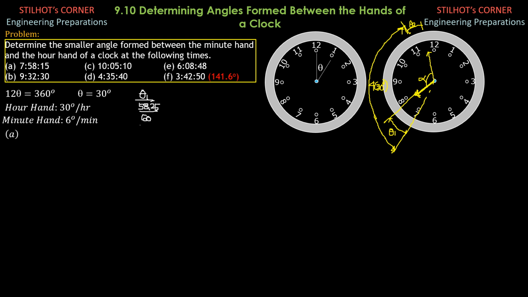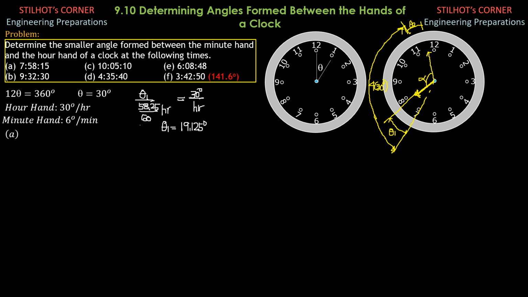So we divide by 60, that is now in hours, and for the hour hand, it is 30 degrees per hour. Solving for theta 1: 58.25 divided by 60 times 30.